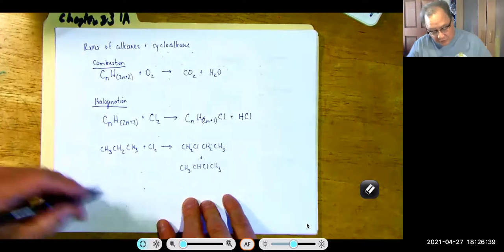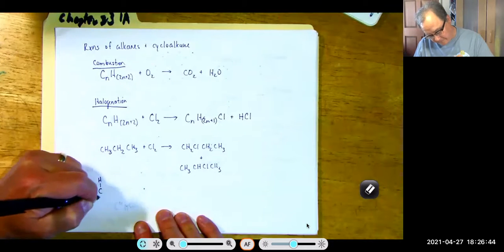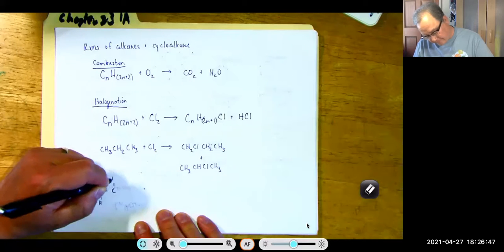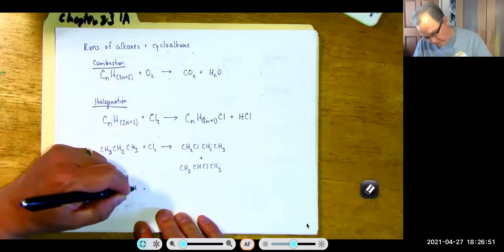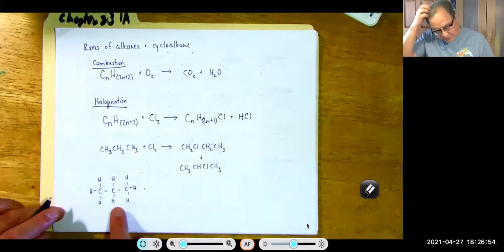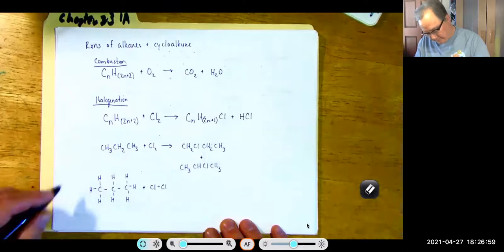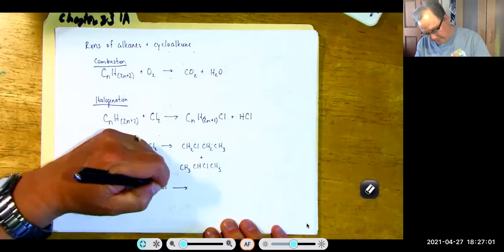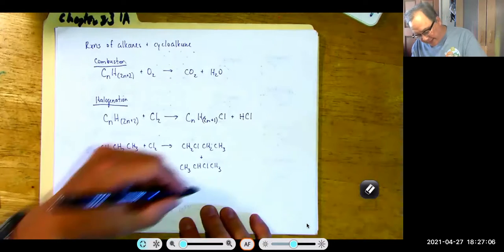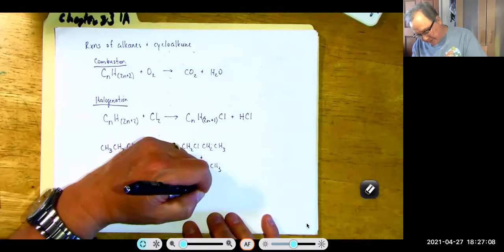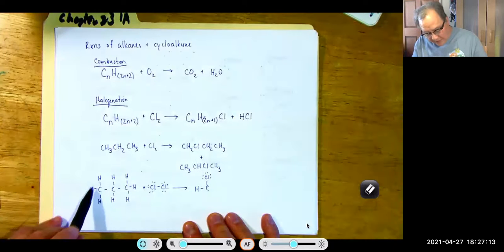Now, here's another way to draw this. So this is a Lewis structure. So I could draw it this way. We get this. It doesn't matter where I put the chlorine. I could put it here, here, or here.